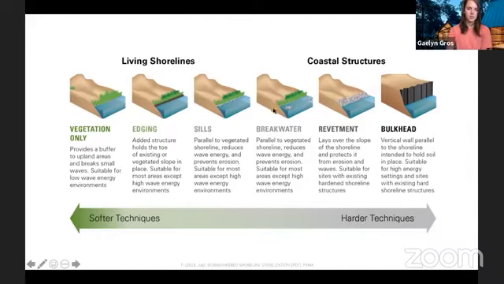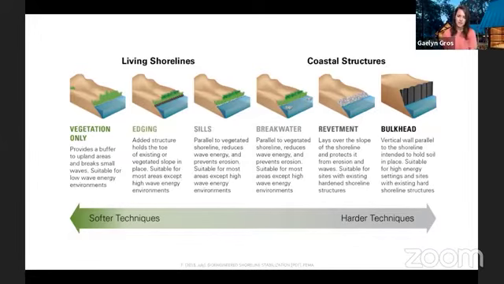A breakwater is going to be grass as well, so marsh grass perhaps, and then some cement or cinder blocks or rocks a little bit farther off of the grasses, and that's going to prevent wave energy from interfering with your coastline as well.